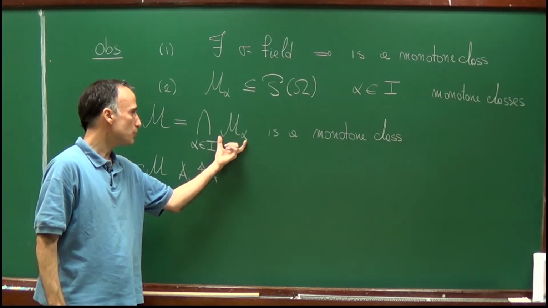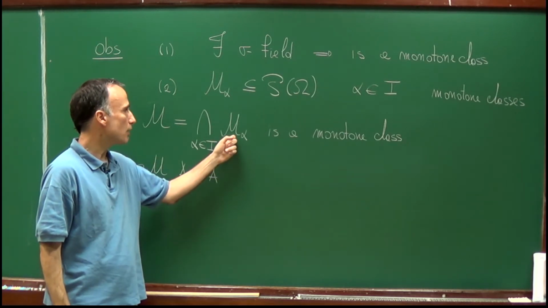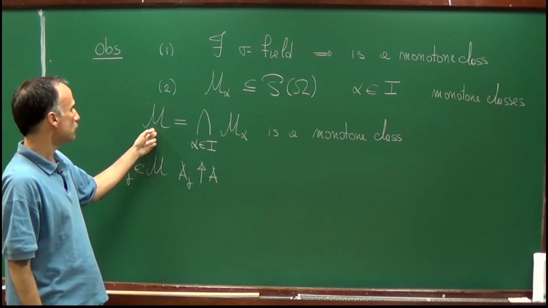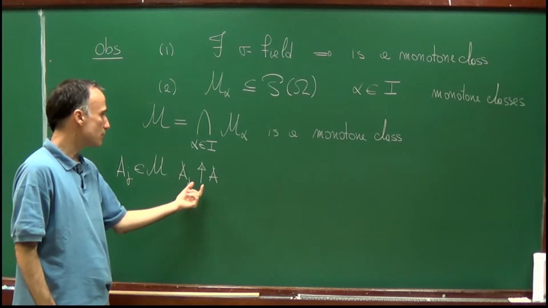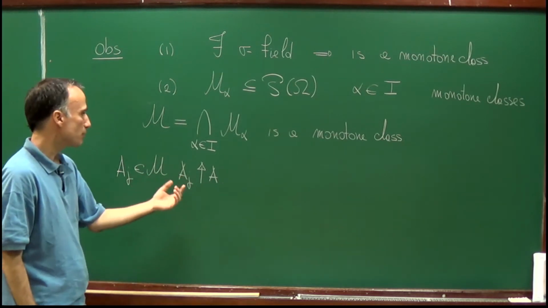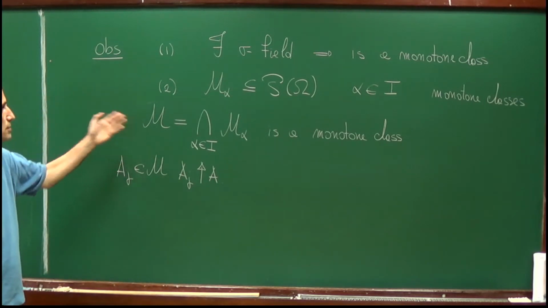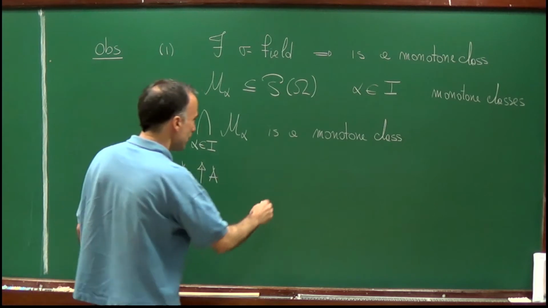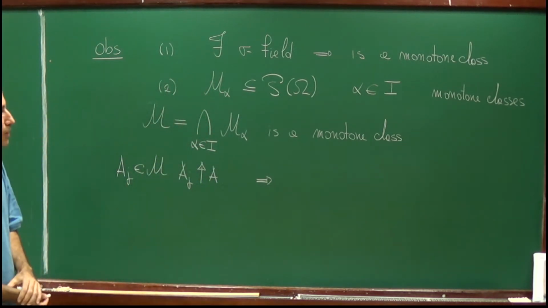Since M alpha is a monotone class and Aj is increasing to A, A belongs to M alpha. Since this is true for any alpha, A also belongs to M. And the same reasoning for a decreasing sequence shows that the same property holds if the sequence Aj decreases to A.